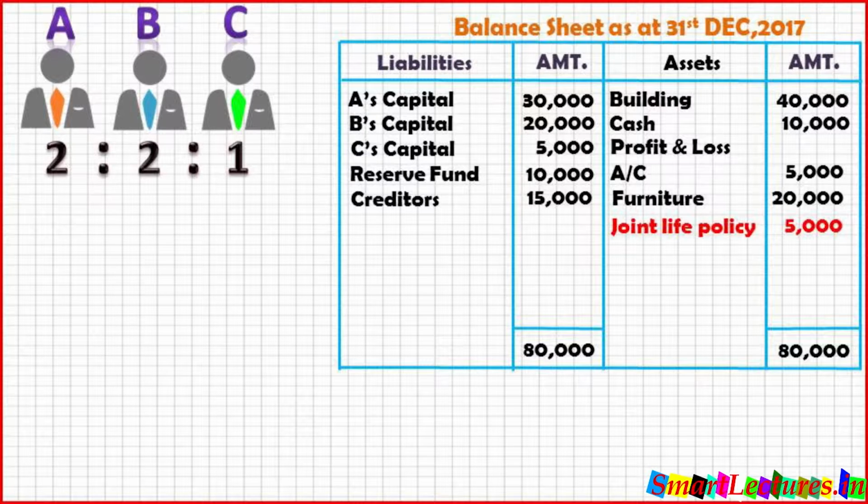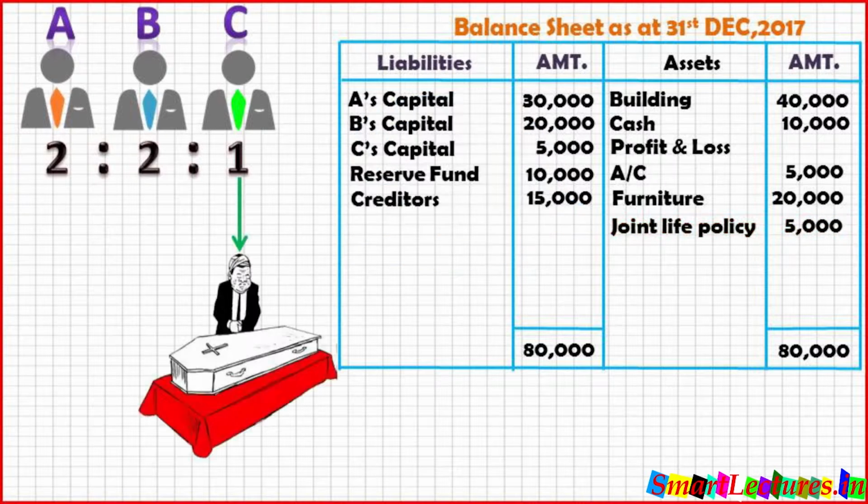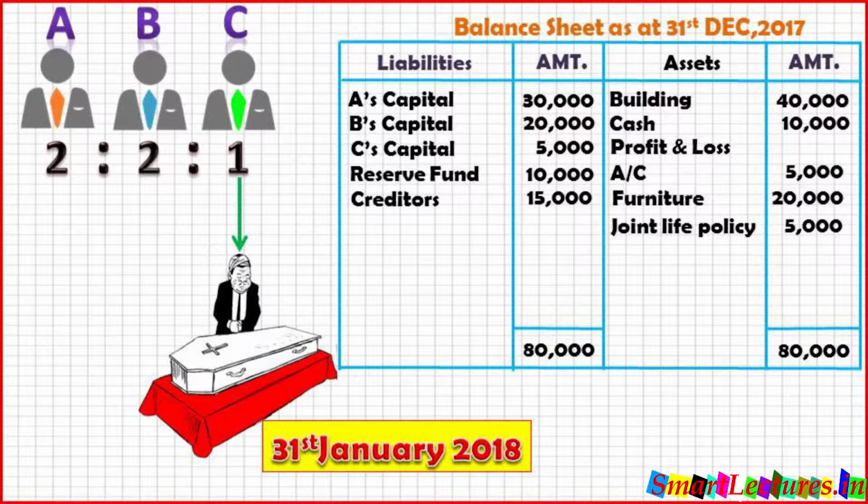You know, if the joint life policy is on the asset side, it means that is the surrender value of the policy. And number two, C has died not on the same date as the balance sheet. He has died after 1 month, on 31st January. So this is something extra you have to calculate for 1 month.